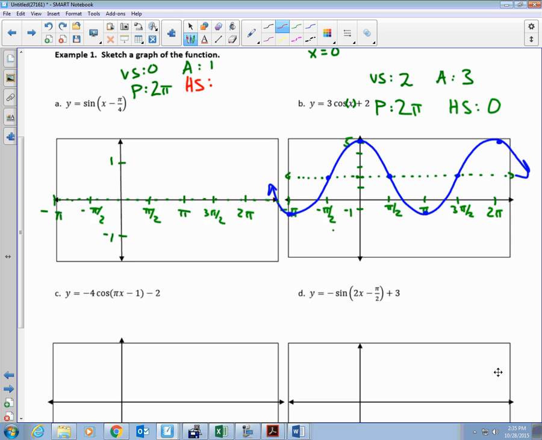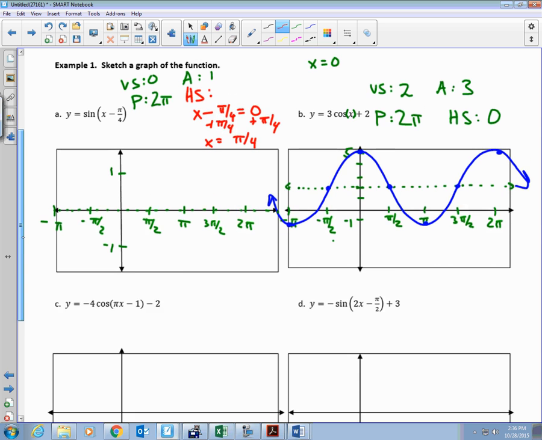In order to find the horizontal shift, we take the inside and set it equal to 0 and solve. So if I take the inside and set it equal to 0 and solve, how do you solve for x? What do you do to both sides? Add pi over 4. X is pi over 4. So that's the horizontal shift. We don't apply the horizontal shift first.